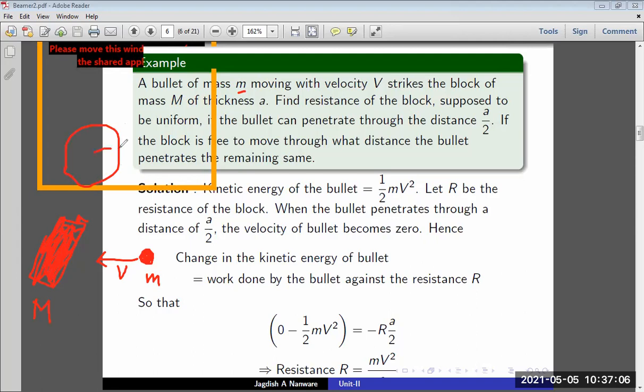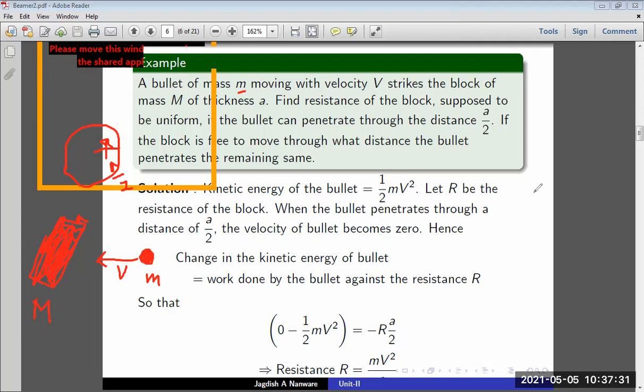Thickness means it has some radius. So whenever such a bullet hits this ball, the bullet will go into the ball, and that distance is half of this radius. So A by 2, that we are assuming here, right?